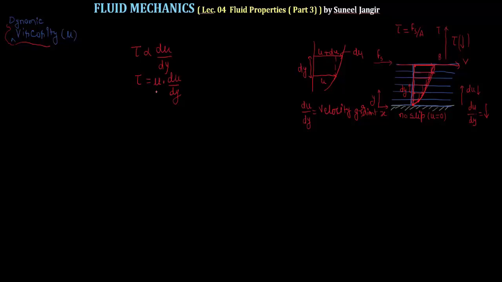Actually, viscosity is an internal resistance between the layers, and it will try to resist the layer movement. So it is the frictional resistance between the layers. So what is the physical sense of this resistance? We can understand it if we say we have two fluids, one is water and one is honey.